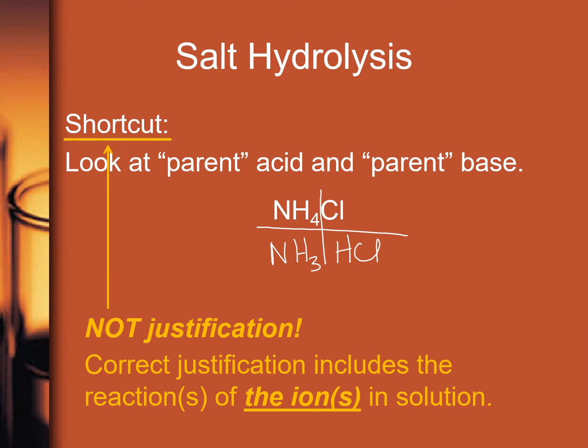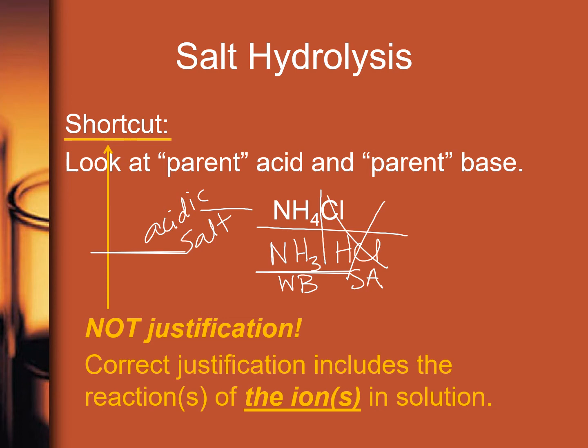So here we have a weak base and a strong acid. So remember, strong acids or bases are going to cancel. So our anion will cancel, but our cation does not. Therefore, this is an acidic salt. So that's just kind of a quick way, if you're just simply looking at, is it acidic or basic? And you're not asked to justify. That's how you can figure that out.